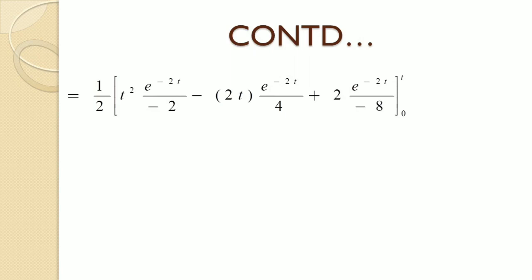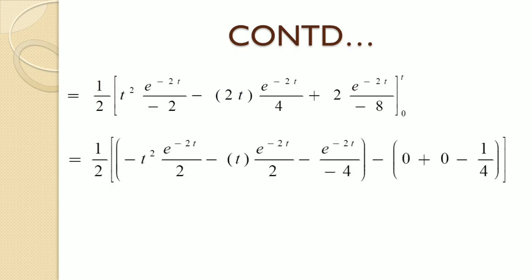Plus now differentiating 2t, we get it as 2, and integrating e power minus 2t by 4, we get it as e power minus 2t by minus 8 with the limit 0 to t. Now applying the limit, we have 1 by 2 minus t squared e power minus 2t by 2 minus t into e power minus 2t by 2 minus e power minus 2t by minus 4.